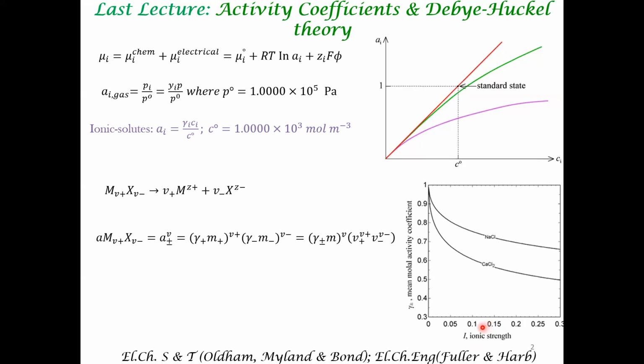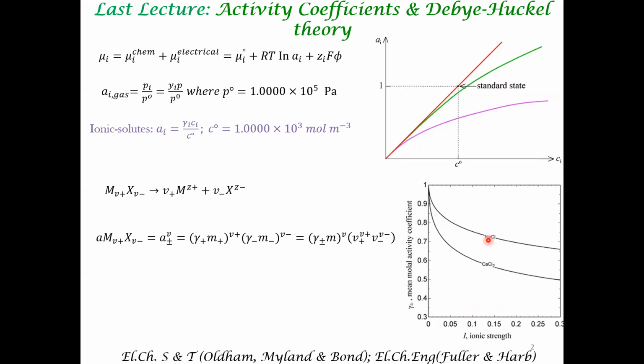As you can see, when the ionic strength becomes lesser as it tends towards 0, that means the concentration of the solute becomes negligible. The mean molar activity coefficient also tends towards 1. And as the concentration increases, the deviation from 1 is greater and greater.